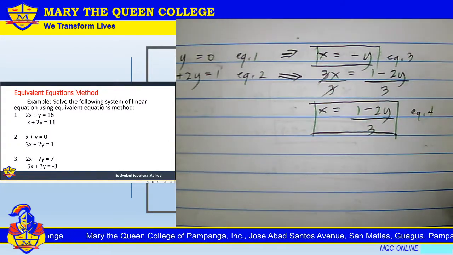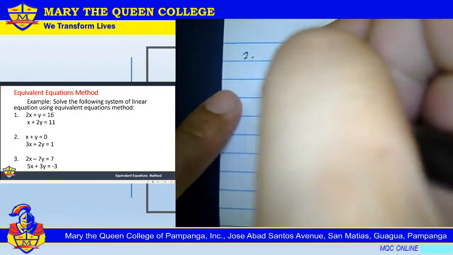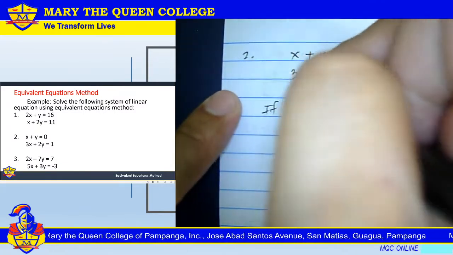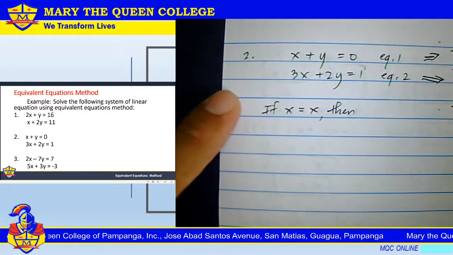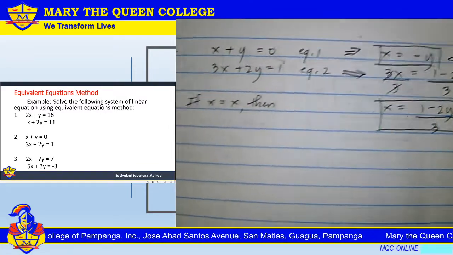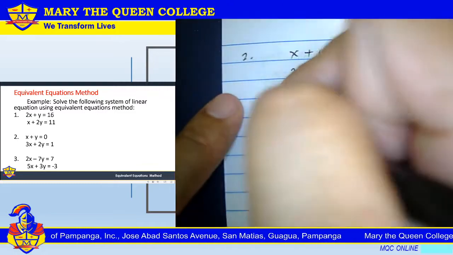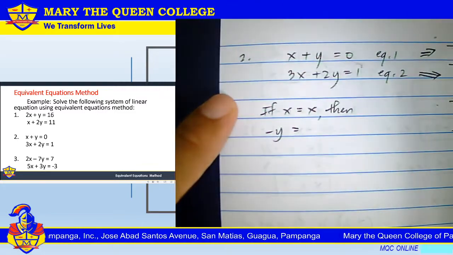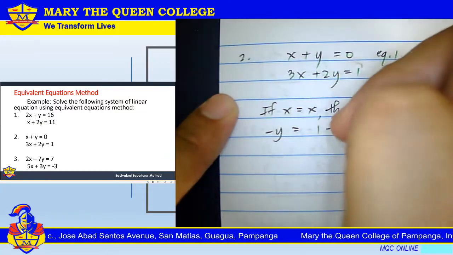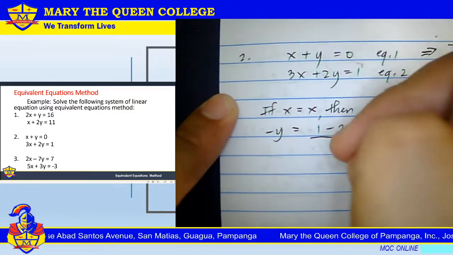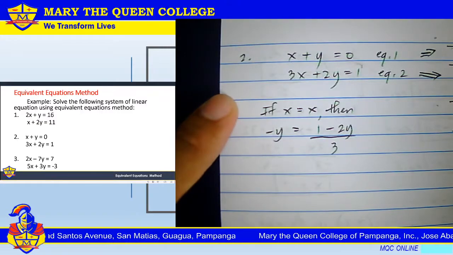Okay. Then, gawa na tayo ng equivalent equations. If x is equal to x, then substitute natin yung nakuha natin dalawang equation. We have negative y for equation 3 is equal to 1 minus 2y all over 3 for our equation 4.